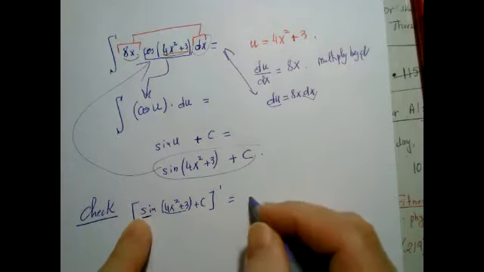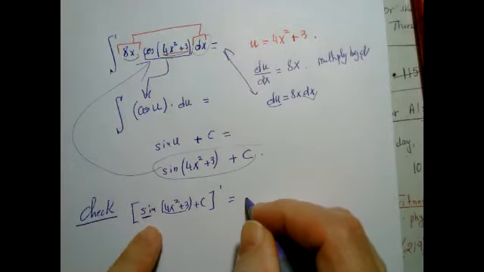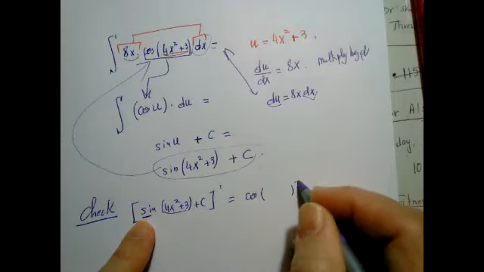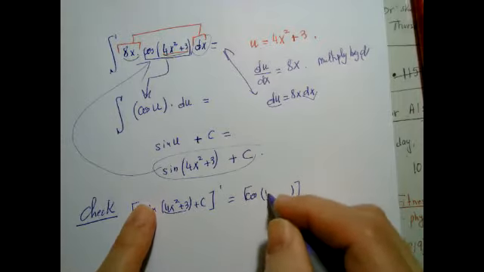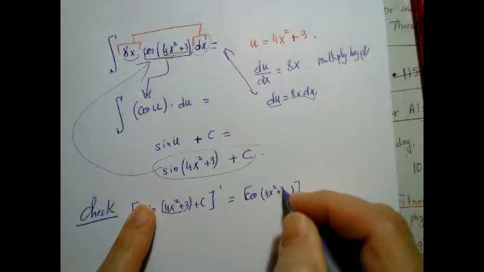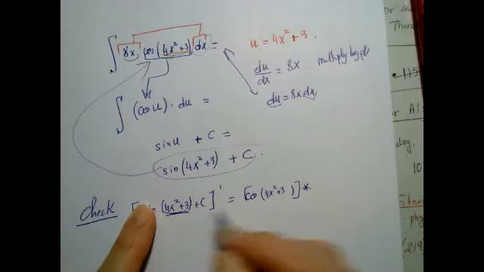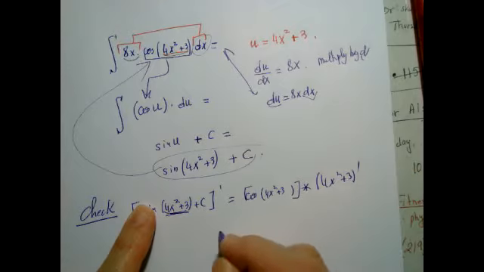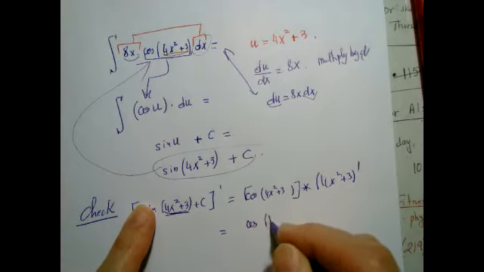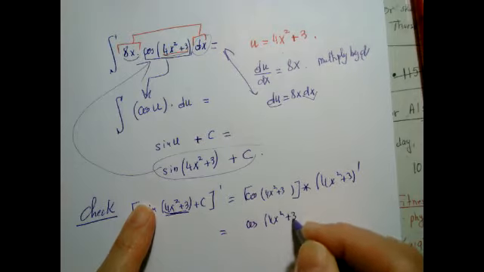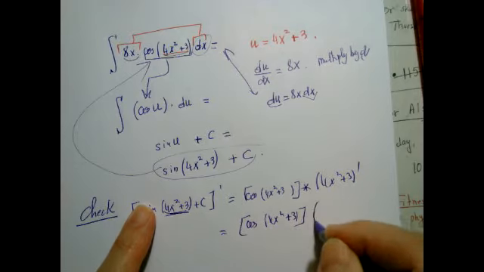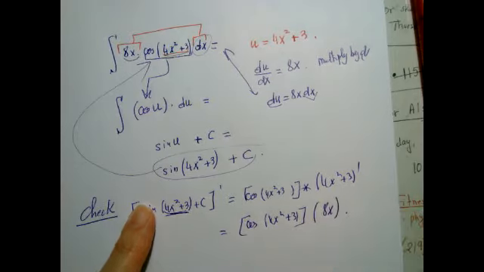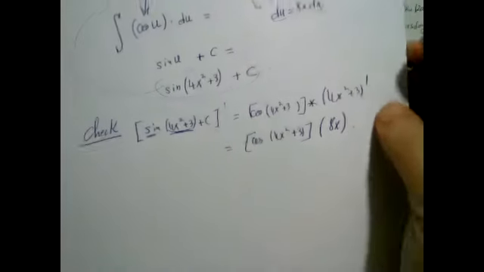So it's the derivative of the sine, which is the cosine evaluated at the inside, times the derivative of the inside, times 8x. That's the chain rule, which is exactly what we wanted.